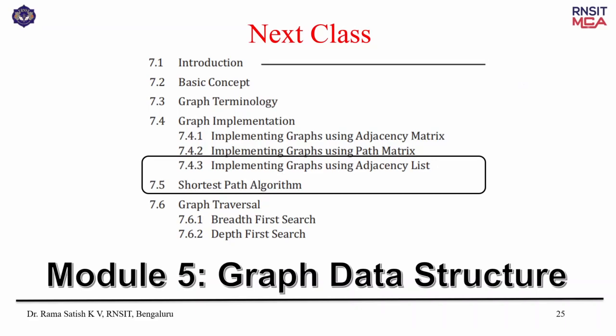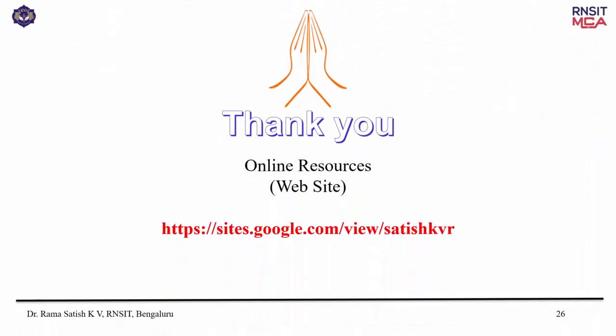So 7.6 I'll be completing in another class. With that, my half of module 5 will complete. Probably in another 4 or 5 classes I'll be completing the next part, which is the different sorting techniques and searching techniques. We'll complete, and later we'll do revision. So that's all for today's class.